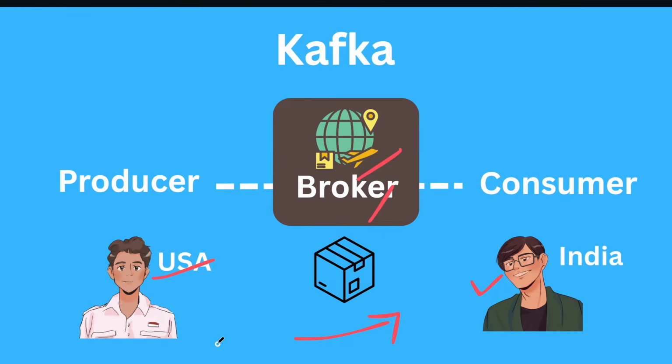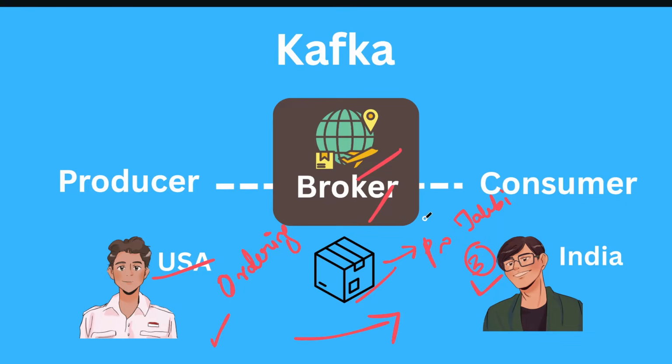Here the friend in the USA is a service. Let's say it's the ordering service, and we get a package. Let's say that the package contains, from our previous example in our project, the product, which is jalebi, and the quantity, which is 3.